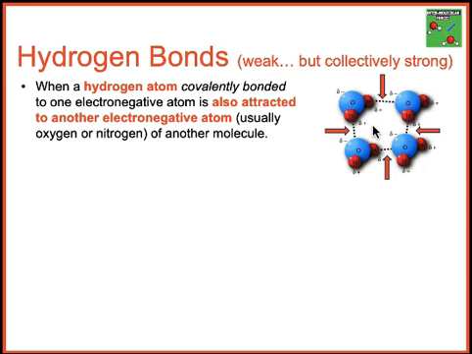When a hydrogen atom covalently bonded to one electronegative atom is attracted to another electronegative atom, usually an oxygen or a nitrogen of the other molecule, that is a hydrogen bond. So look here, these water molecules.